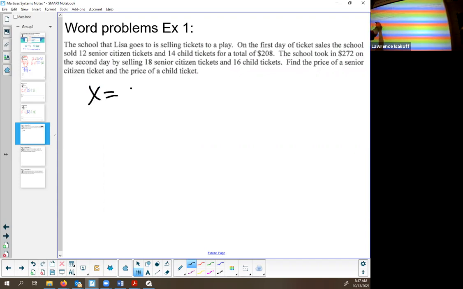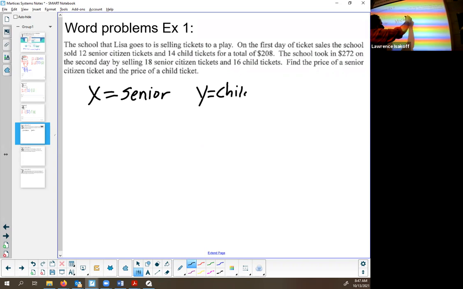So I'm going to say X is for senior citizen tickets and Y is for children's tickets. So I want to define my variables before I do anything else. This way, everybody's clear on what X and Y mean here.